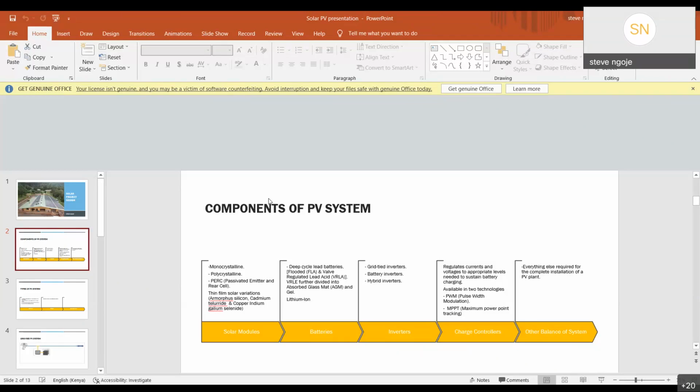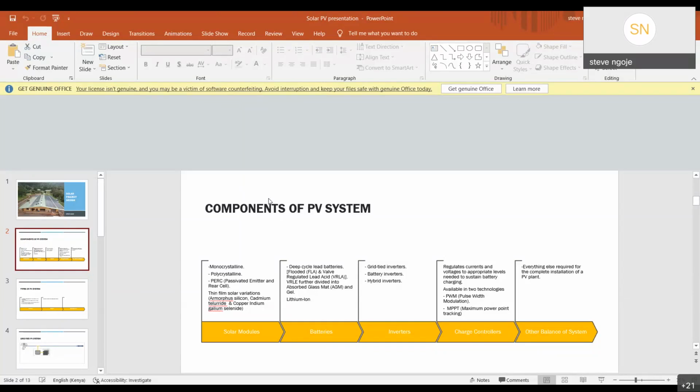This is just an improvement that has been done on the old monocrystalline modules or solar cells. There was a problem that initially the monocrystalline had, in that they could reflect back light when solar rays fell on the modules. So the PERC helps with that.